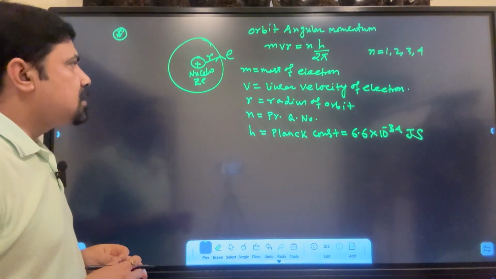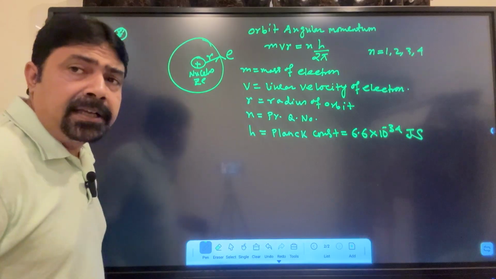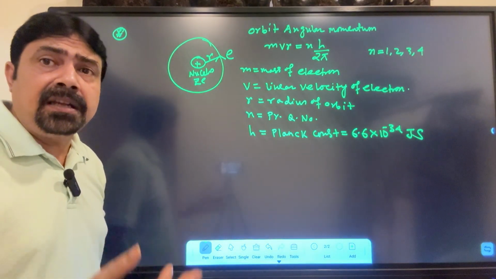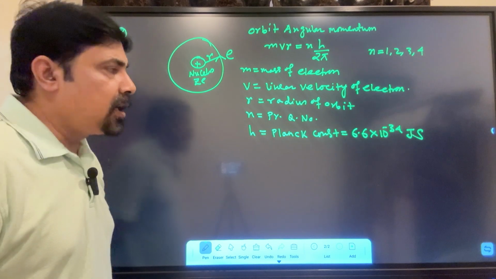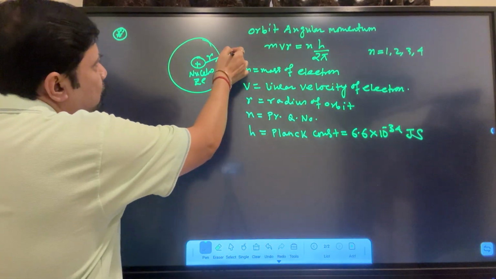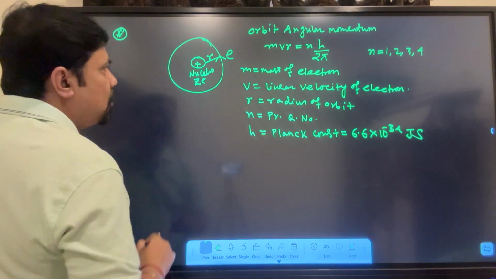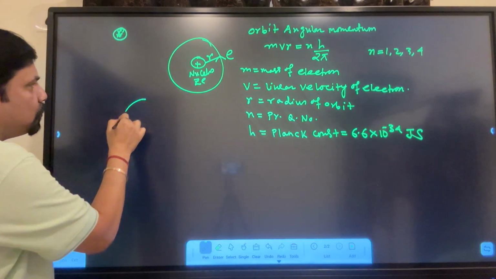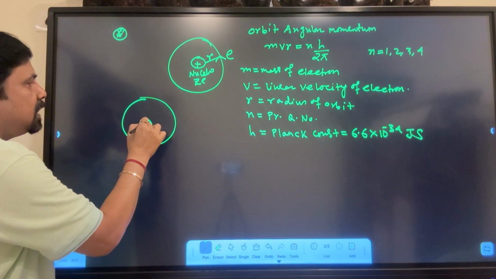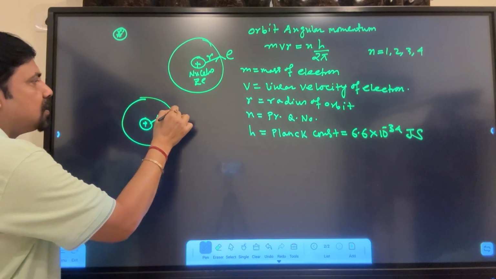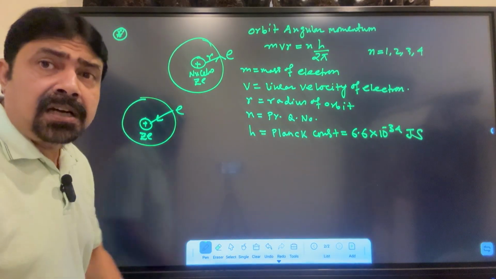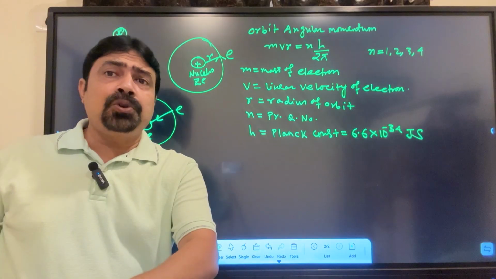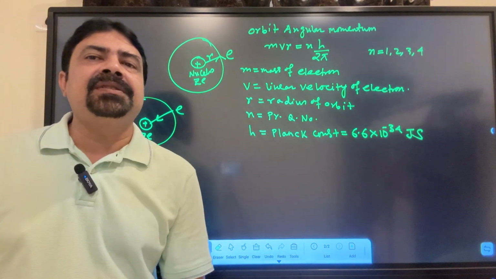So now the next very important point, the derivation part, that means the radius of the nth orbit from the Bohr atomic model. When the electron is moving in a circular orbit, we know there will be two types of force. Here the nucleus and here the electron. Here the charge is Ze, here the charge is e. The charge of electron and the charge of proton, magnitude wise they have the same value.